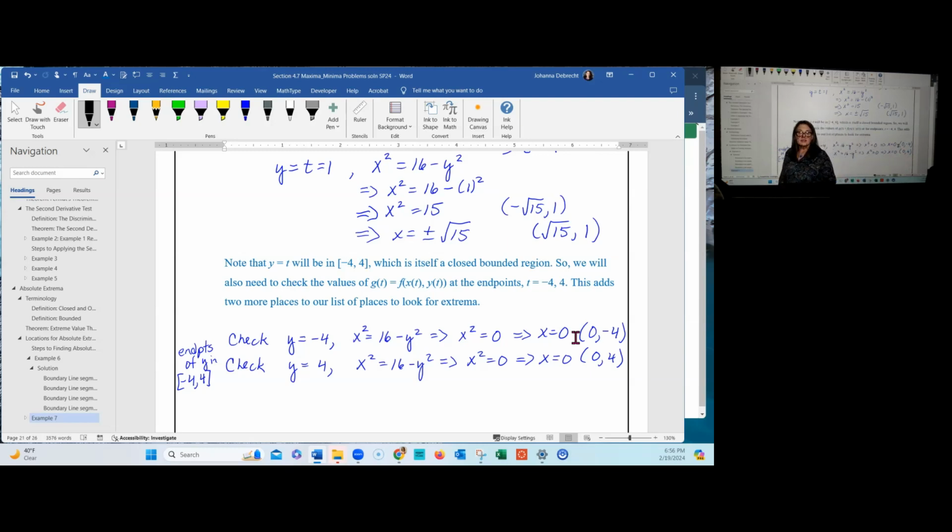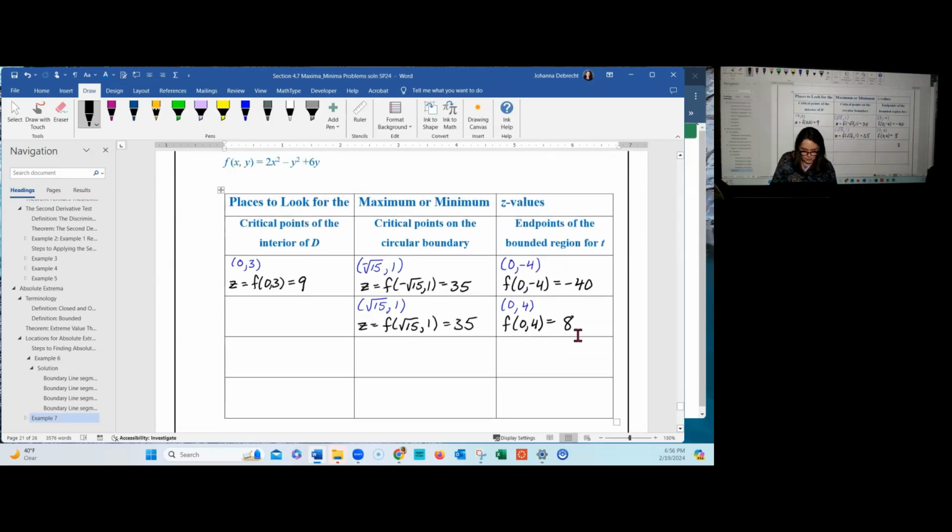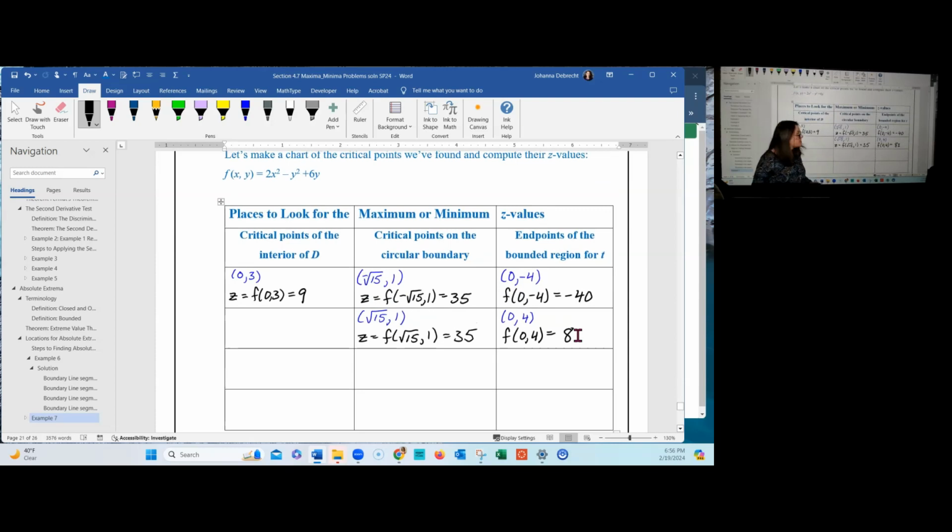Now we want to create a table and gather all the information that we have and compute the z value at each of those critical points. In the table below, I have the critical point of the interior as (0, 3). The function value there, substituting into the original equation, gives me 9.